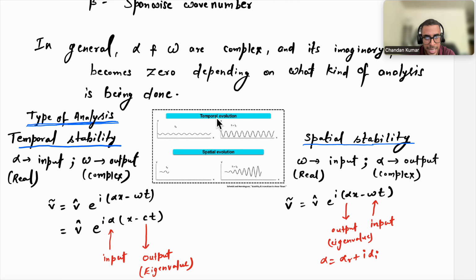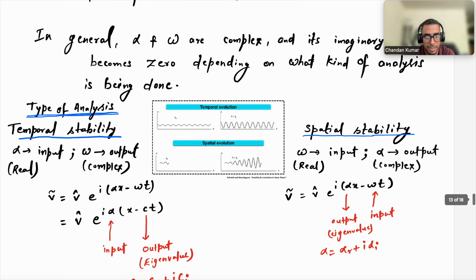In temporal stability, as the diagram in the middle shows, at the initial time you have some perturbation everywhere in space, and that starts to grow with time everywhere. The plot on the top left corner shows the perturbation at time t naught, and that grows with time. That comes under the temporal evolution.